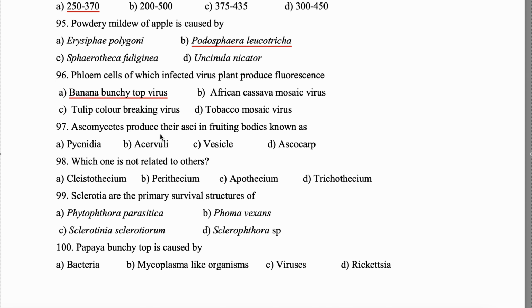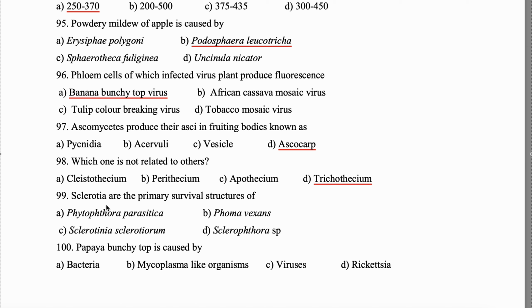Ascomycetes produce their asci in fruiting bodies known as ascocarp. 98. Which one is not related to others? Option A is Cleistothecium, a fruiting body, Perithecium, also a fruiting body, Apothecium, again a fruiting body, but D, Trichothecium, is not a fruiting body. So this is the odd one out.